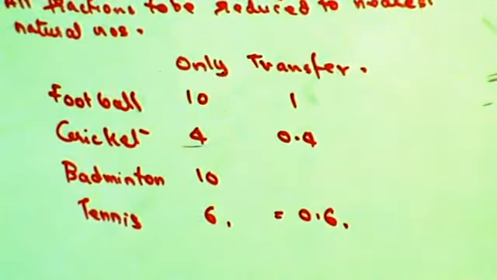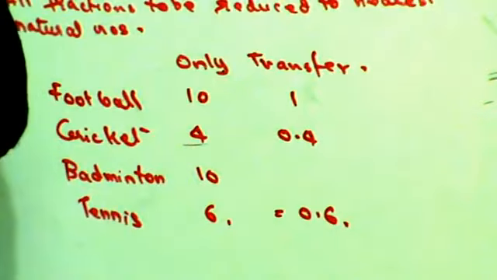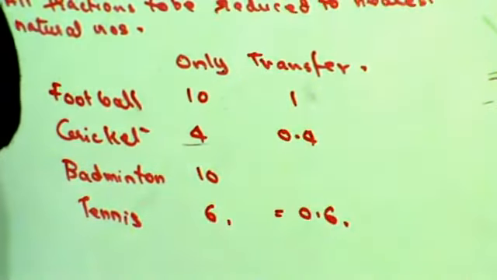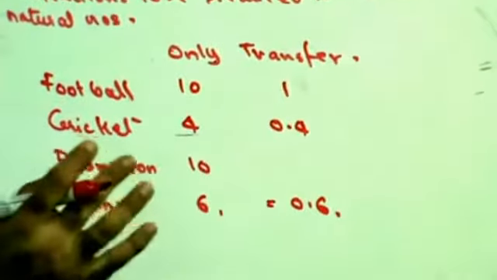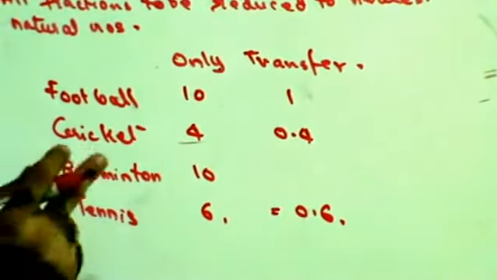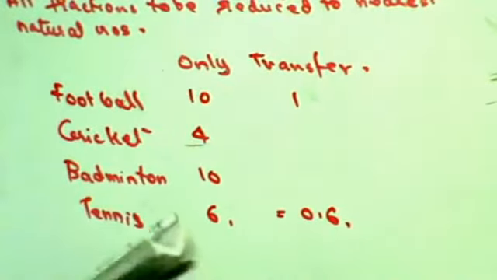So there isn't a transfer between cricket and tennis, is it? There is no transfer there. We know football to cricket is 10%, tennis to badminton is 10%. Okay, let's just leave that there and let's start with the questions.